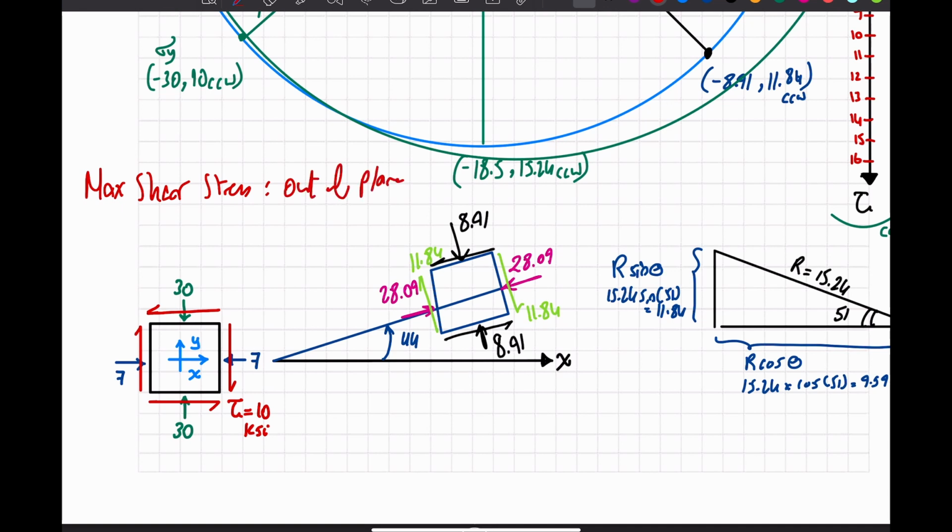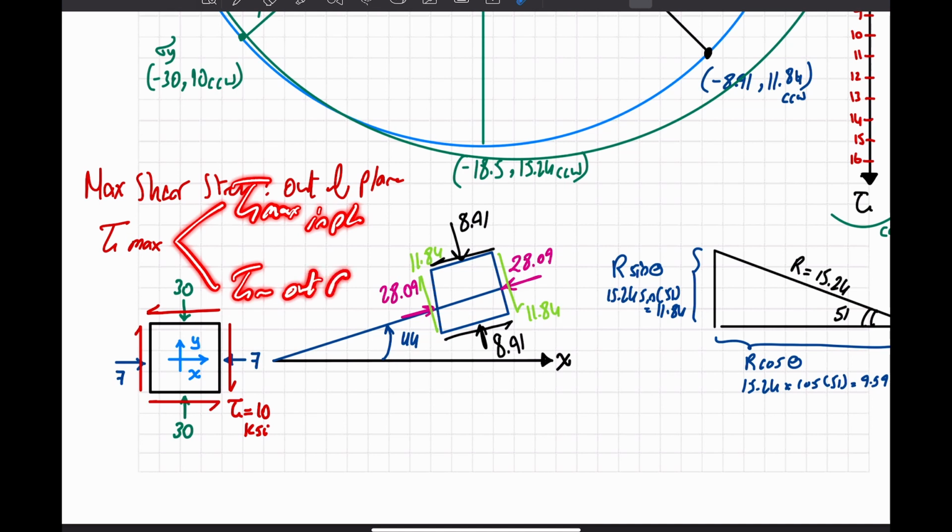And if you remember from the lecture, if I say tau max only like this, that means that's the in-plane shear stress. Now I have two maximums. I had tau max for the in-plane and I had tau max for the out of plane.